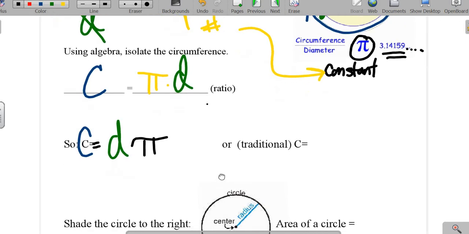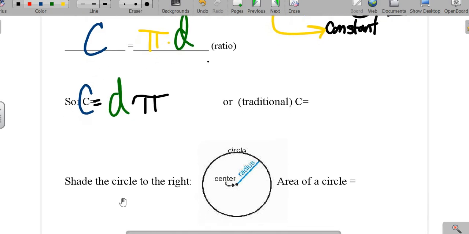Now, in an SAT, we know that the diameter is simply 2 radii. So if you look on the front of an SAT test, they will have this for circumference. Circumference equals 2 pi r. These are equivalent, folks. D pi, 2 pi r. They are equivalent.